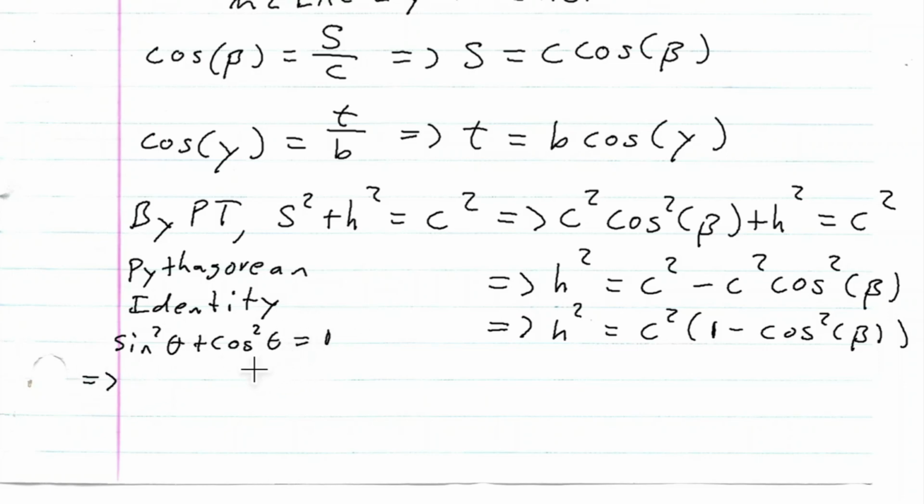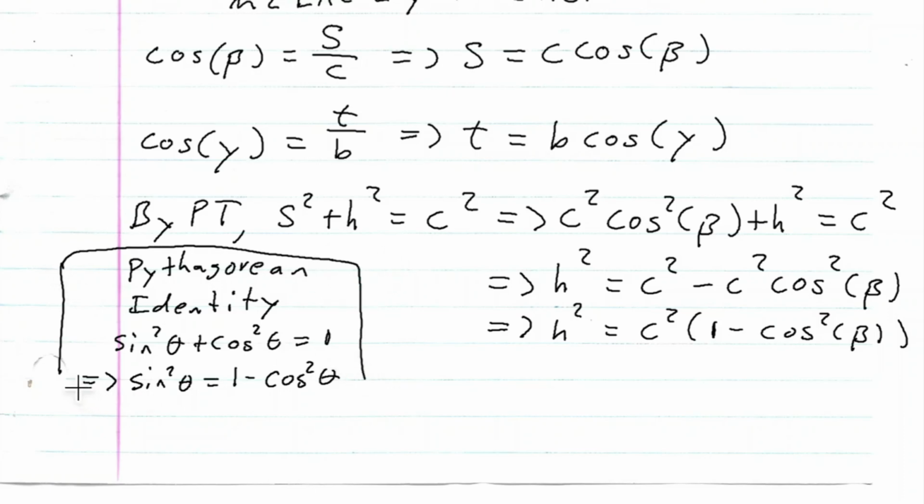So if I subtract cosine squared on both sides, I get sine squared theta is equal to 1 minus cosine squared theta. So using that identity, right here, let me box this, I know that h squared is equal to c squared times sine squared beta.